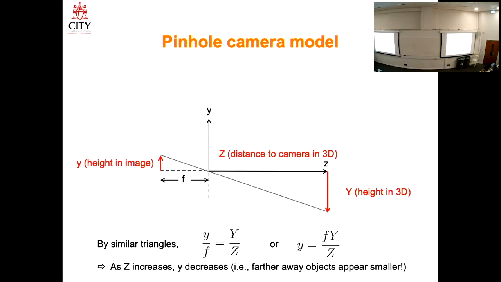So basically, the further the object, the smaller it will be on your projection. This is a very simple equation that you can use to explain this pinhole camera.